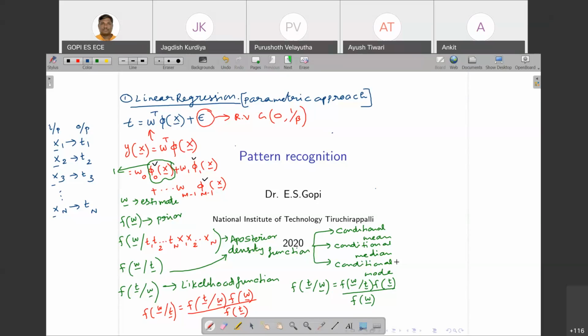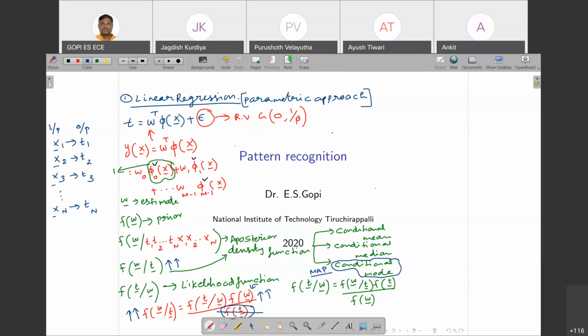We are considering the conditional mode, meaning maximizing the posterior density function, which is otherwise called MAP. Maximizing the left-hand side is equivalent to maximizing the right-hand side, and the denominator does not have any w, so it plays no role as far as w is concerned. And you are assuming, this is a very important assumption, that f of w is constant.